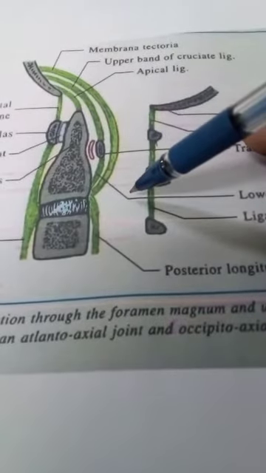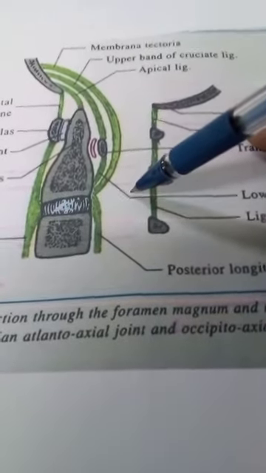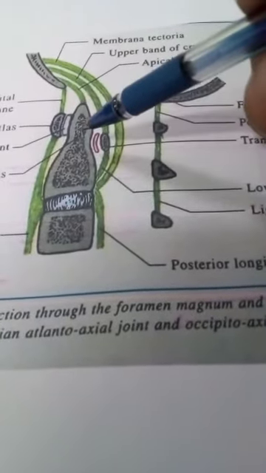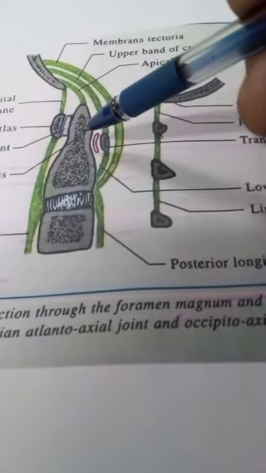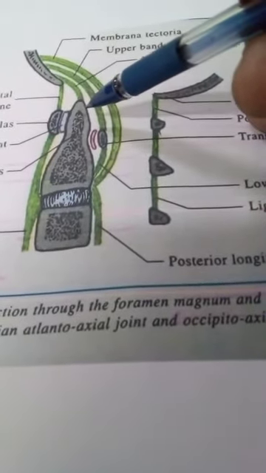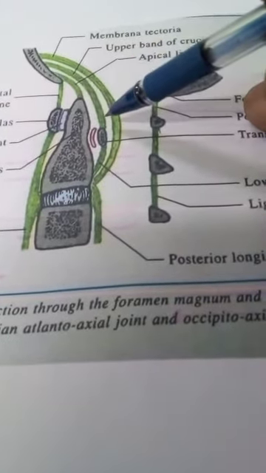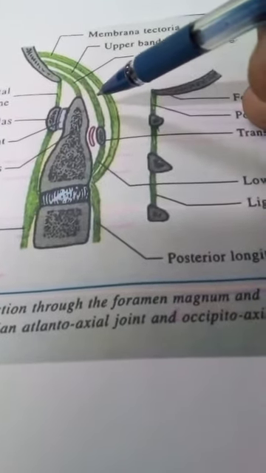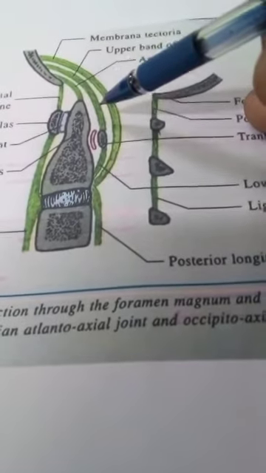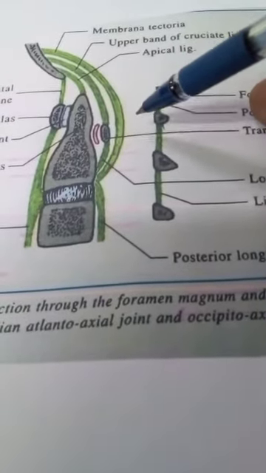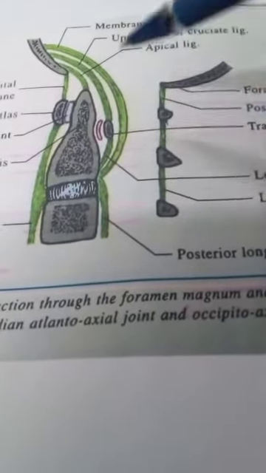It covers the posterior surface of the odontoid process and the apical, alar, and cruciate ligaments. It is intimately adhered to the dura mater.